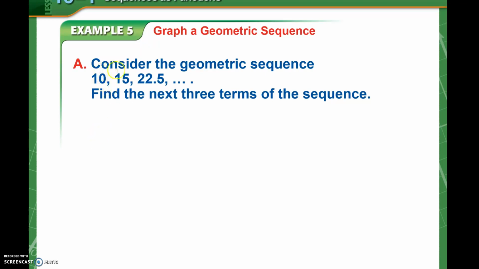So this is geometric, so I can find my ratio by going 15 over 10, which equals 3/2 or 1.5. So I'm going to take 22.5 times 1.5 to find the next one.